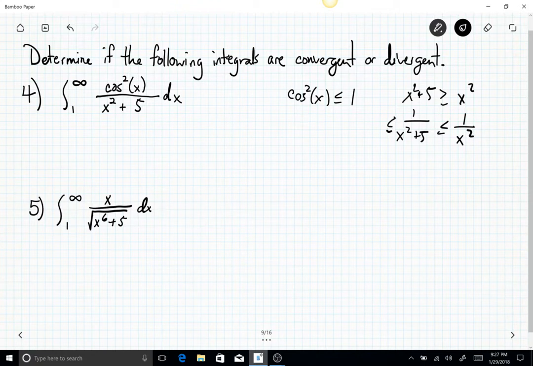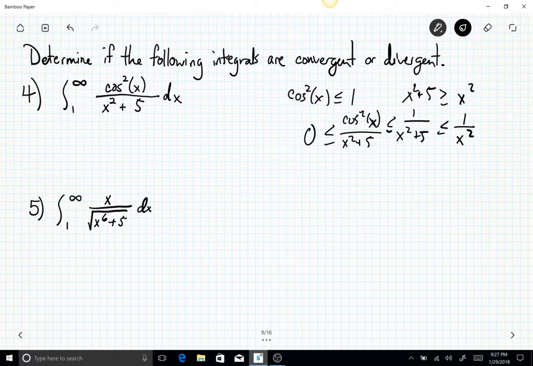And we know that 1 is a bound for cosine squared, so the cosine squared of x over x squared plus 5 has to sit below that. And since we're squaring that top term, that's always going to be positive, so that's non-zero. So we have our inequality, and we know what 1 over x squared does.